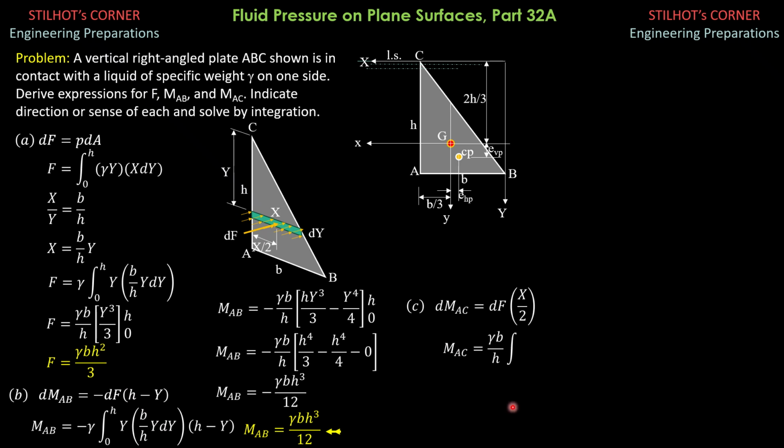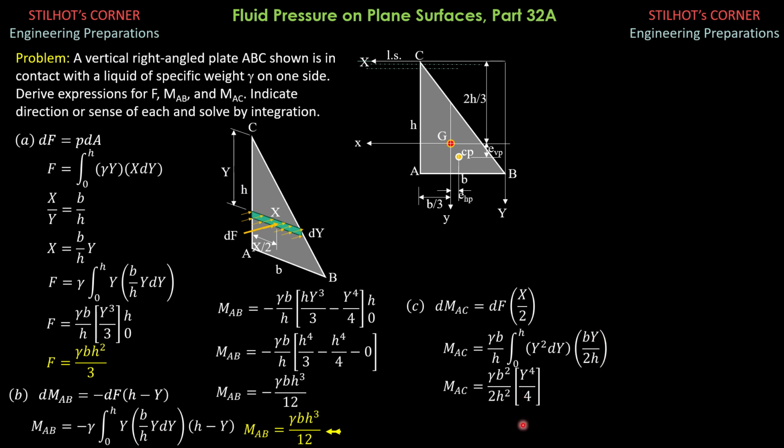So MAC is the integral of dF, and dF is, we just copy this part here, gamma b over h, then y squared dy, then the moment arm is x over 2, and x is, so we have 1/2 of x, which is by over h. So integrating, that would be gamma b square over 2h square. Integral of y cube is y to the fourth over 4.